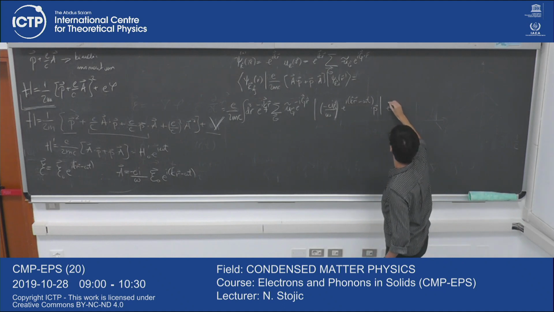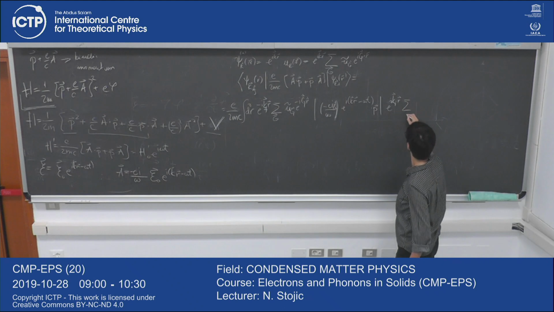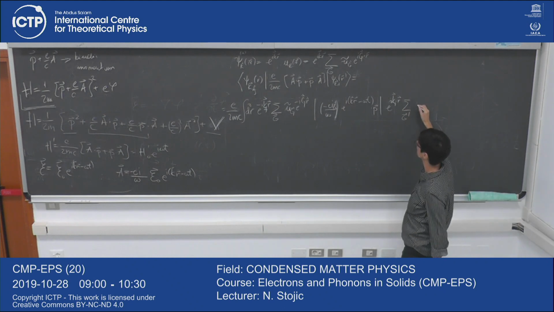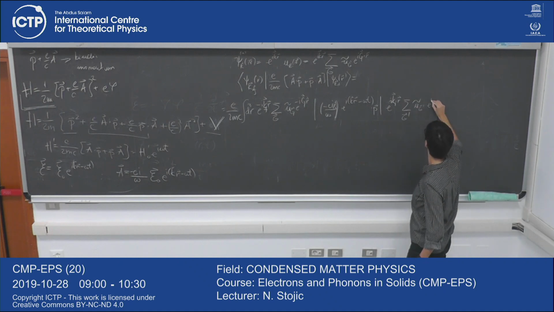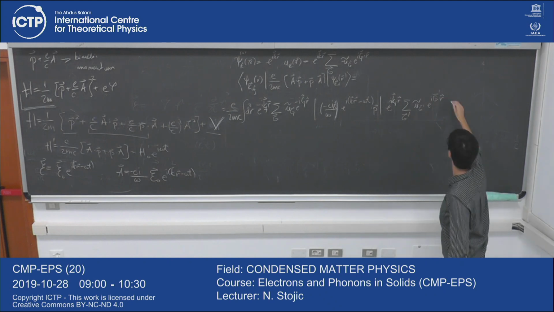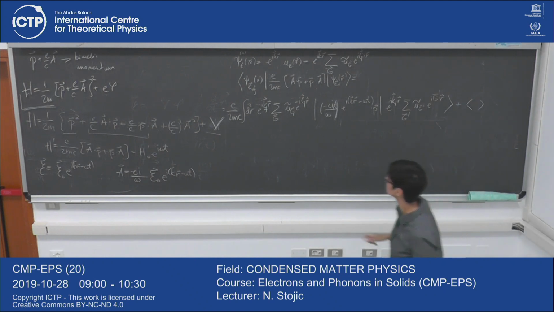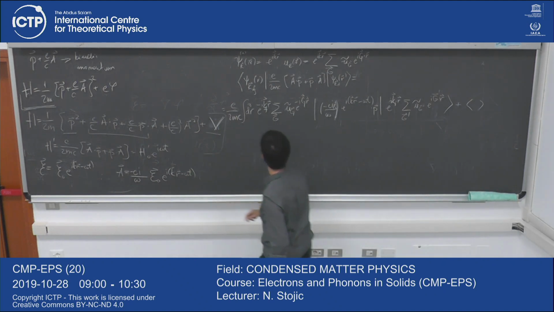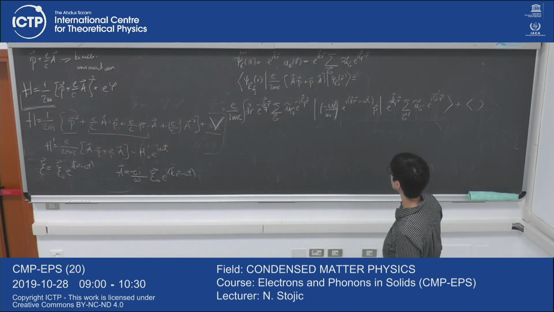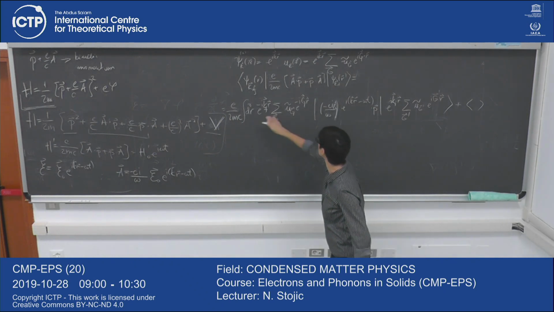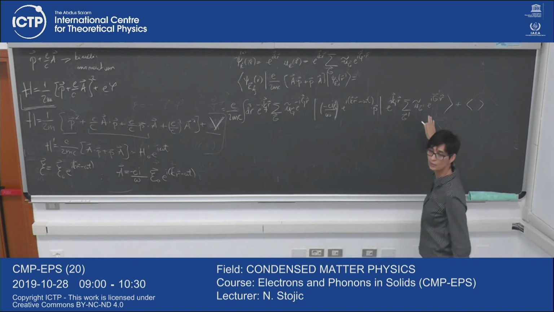Here I have plus i k initial r, the sum over G prime, Fourier coefficient, plus one term. Let's make it a bit simpler. Okay, now let me put together all the exponential functions here.